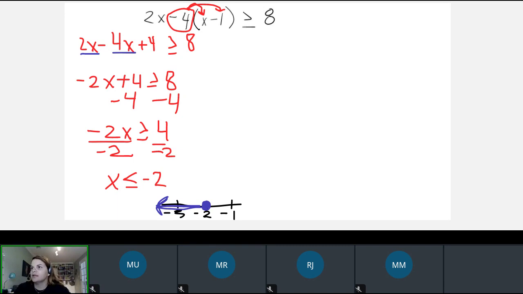The second thing I did was combine 2x minus 4x. The third thing I did was subtract 4 from both sides. The fourth thing I did was divide by -2. And then lastly, I had to flip the inequality sign.